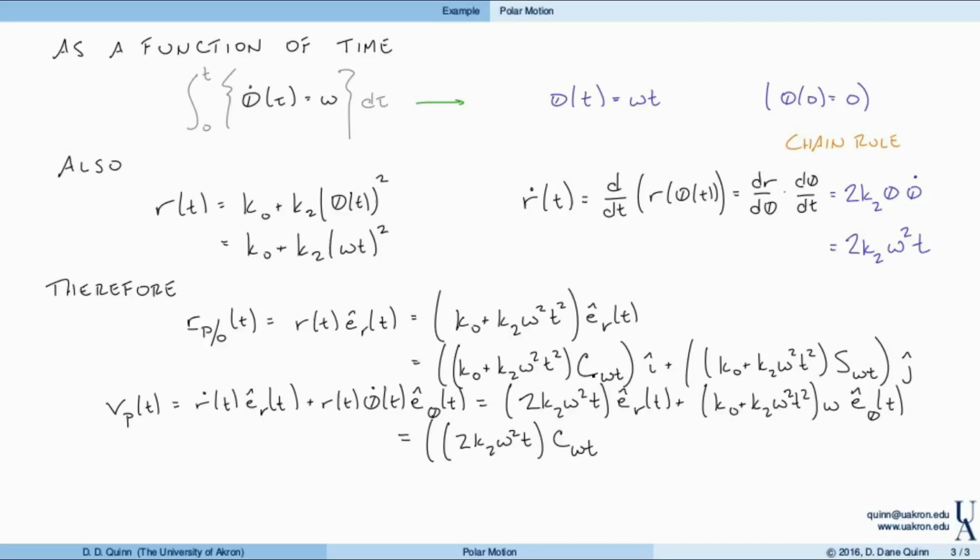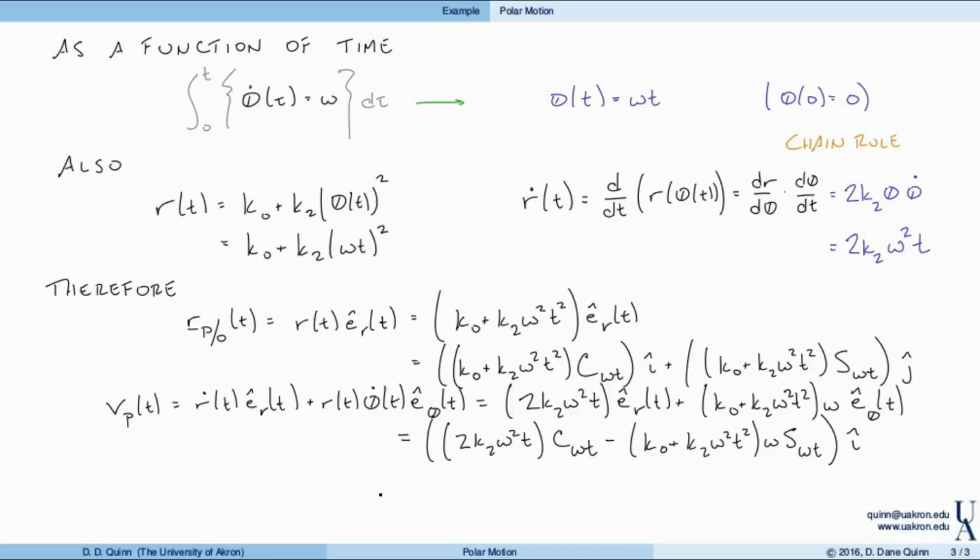That was this in the I direction. Then we have minus k naught plus k2 omega squared t squared times omega sine omega t.